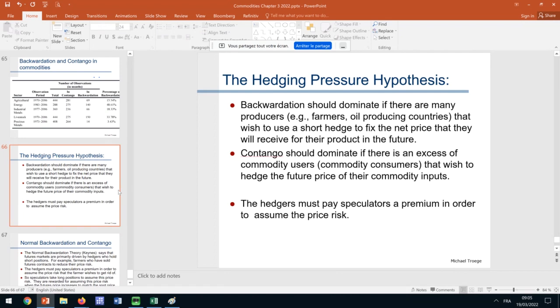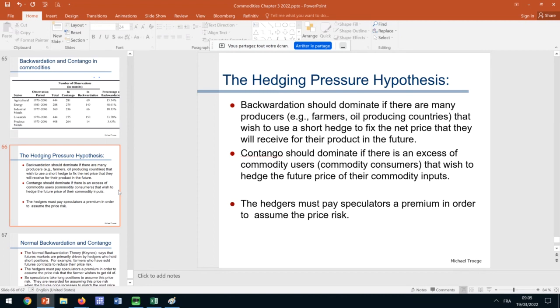And of course, who buys and sells all these contracts? If you have only the farmers that want to insure and the bakeries don't want to insure, you have a lot of future contracts being offered and nobody wants to buy. This is now the social role, if you want, of the speculators.